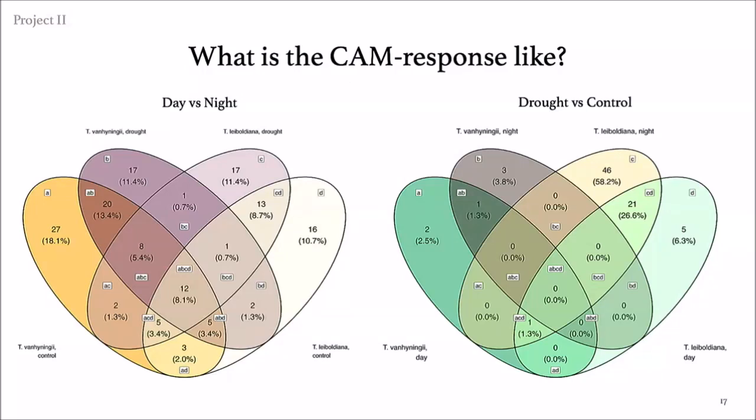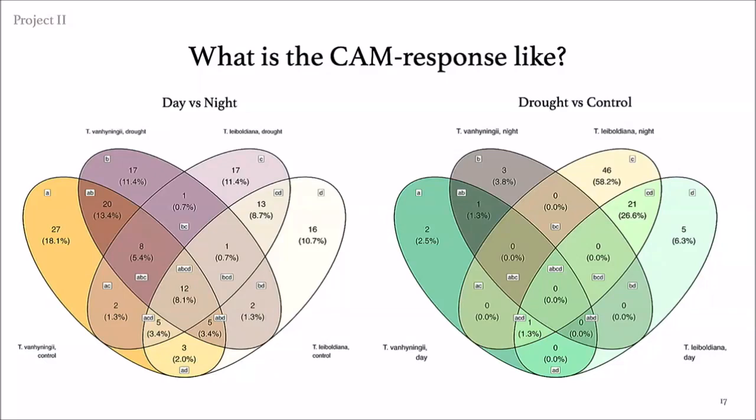And what I find, so this is the Venn diagram overlap of CAM genes specifically at day versus night, is that a lot of the CAM genes are mostly uniquely expressed within one condition. And if we find sharing, it's actually mostly between conditions within a species, except for a couple of more constitutive genes. But I do think that the response seems to be largely not shared.